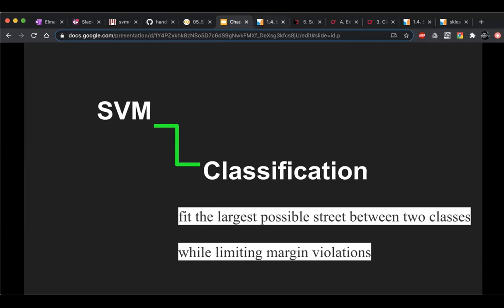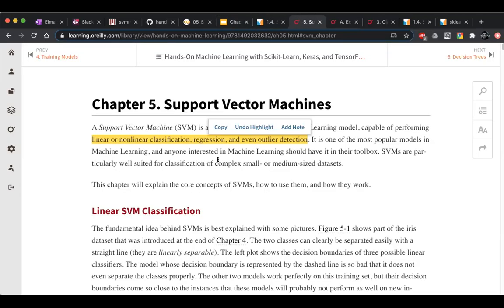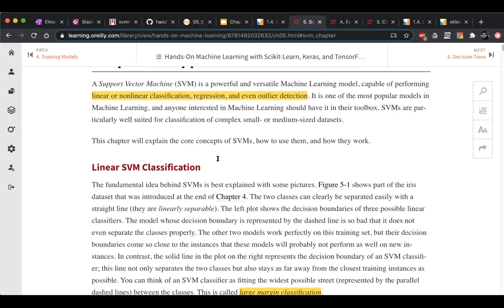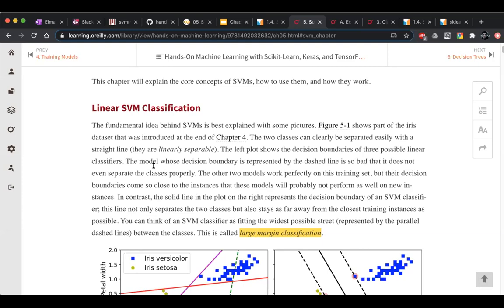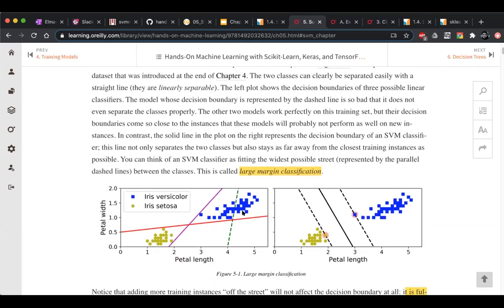Now I'm going to go to the book itself. Because now he's going to talk about SVM and define it, and we'll do that using a linear classification example. For that, he is again showing us the iris data set, which is this one. He's showing two different flower types, and just visually you can see that I can just fit a line here to separate them.